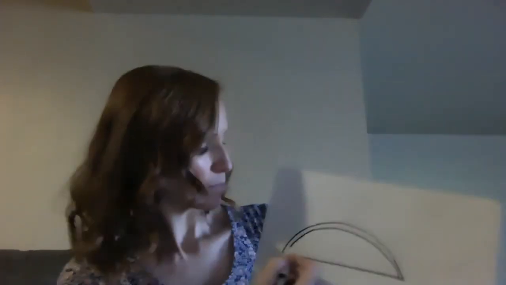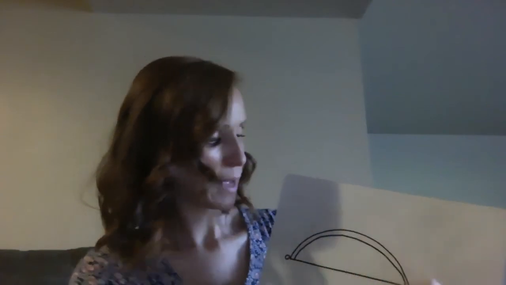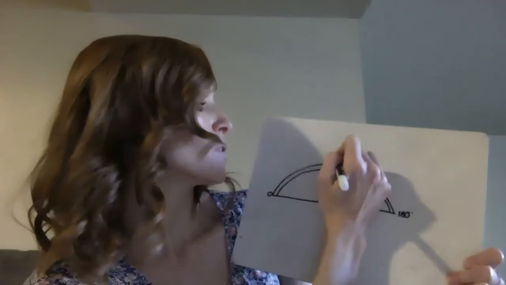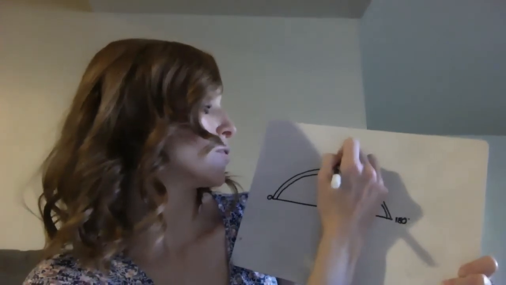And there are 2 lines of measurements. Let me help you understand what I mean by that. This one starts with 0 and it goes to 180. And we know that a straight line is 180 degrees, which means that halfway through is 90 degrees.